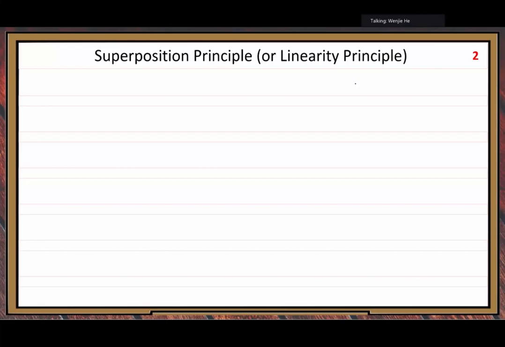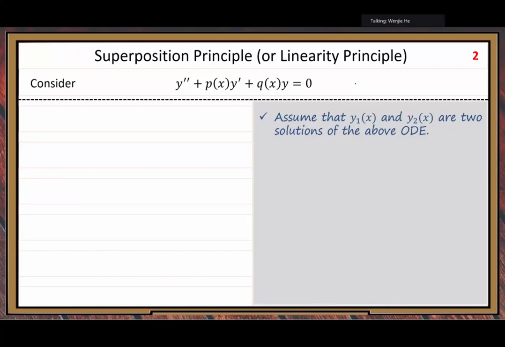This word superposition appears quite often in our class later. Linearity, so you know the meaning quickly. Here we want to check the linearity. What's linearity? Let me show you the meaning of this linearity.